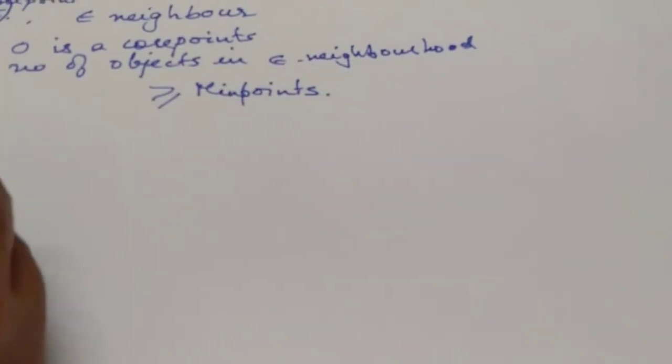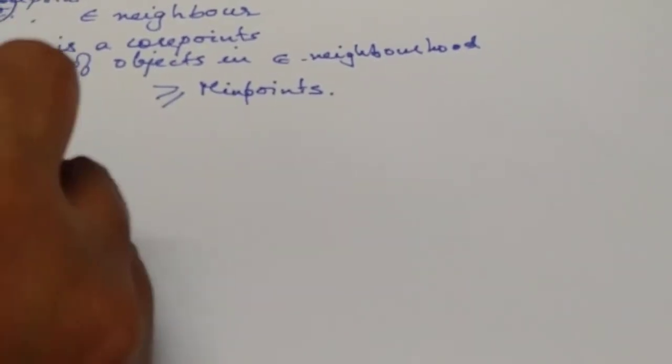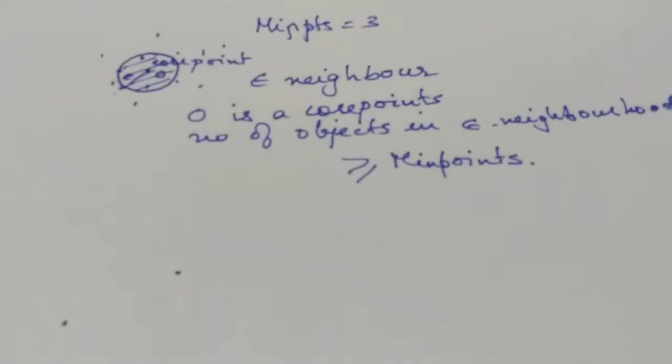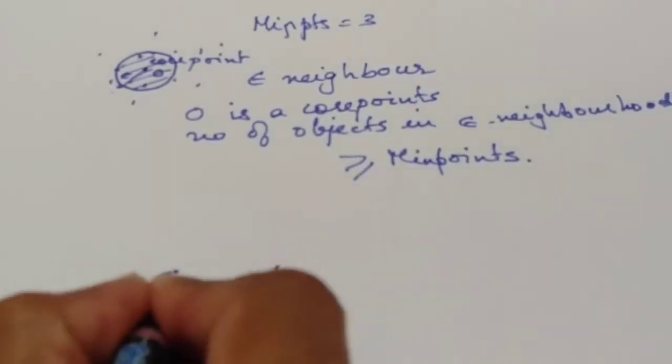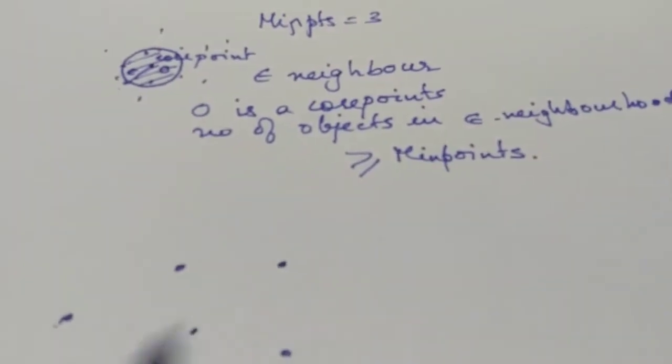Okay, let's say that I have got some points and this is what I need to cluster. The first step of DBSCAN is that all these points are marked as unvisited.